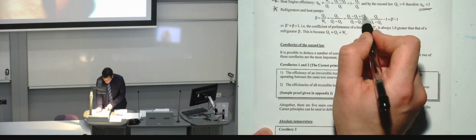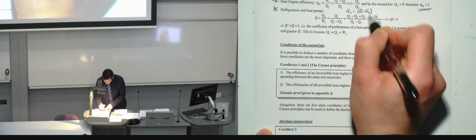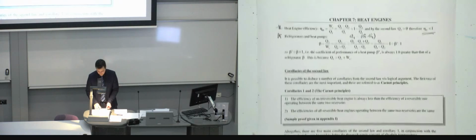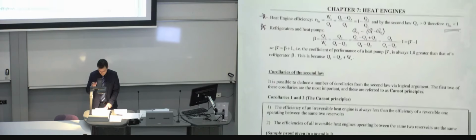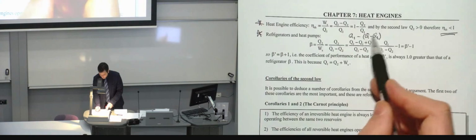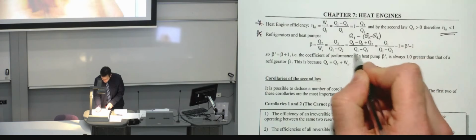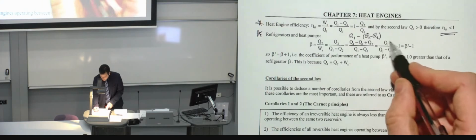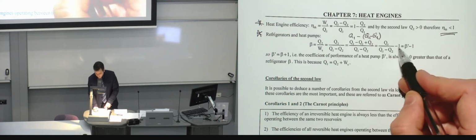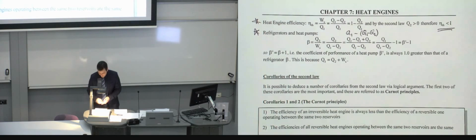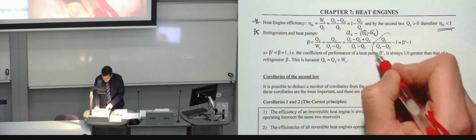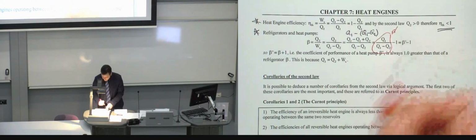That then will be equal to Q1 minus Q1 minus Q2. And then because Q1 minus Q2 is the same in the denominator, then I can rewrite as Q1 over Q1 minus Q2 minus 1.